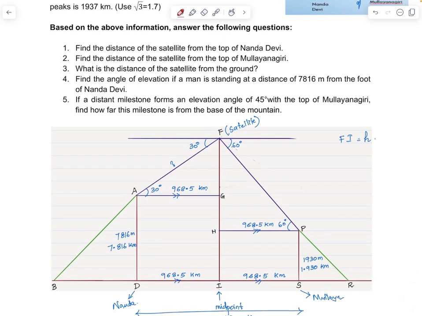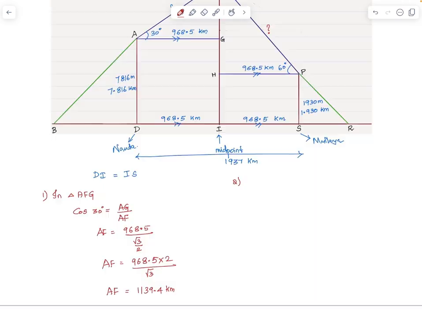Question 2. Find the distance of the satellite from the top of Mullanagiri. That is, we have to figure out the distance FP. Now we will work with the triangle FHP. In FHP, we know one angle 60° and the adjacent side 968.5. So here also we will go in for cos. In triangle FHP, cos 60° is equal to HP upon FP.